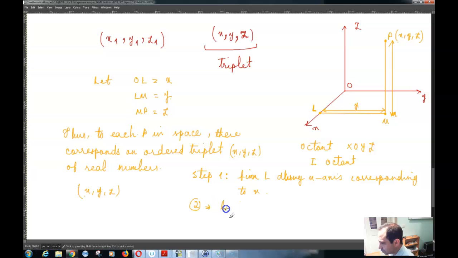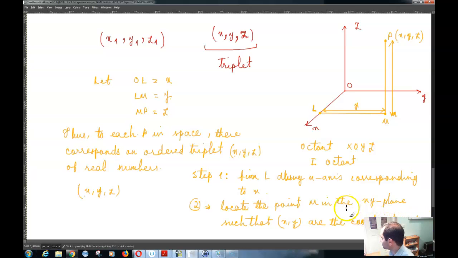Step number two, locate the point M in the xy plane, such that x comma y, and you see that this is the y coordinate of the point, such that x comma y are the coordinates of the point M, not point P but point M in the xy plane.